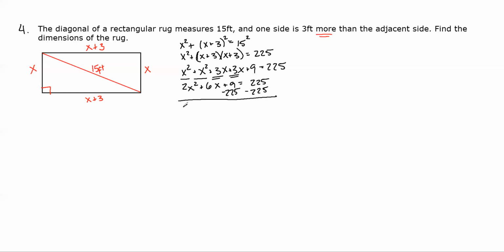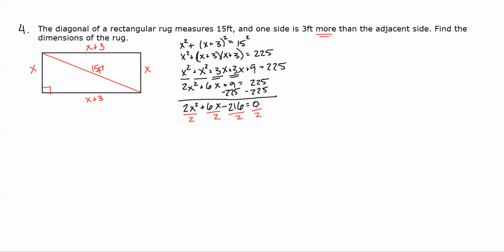So we have 2x squared plus 6x. If we subtract those two numbers, since they have opposite signs, we get negative 216 equals 0. Now, one thing I'm going to do, because these are all divisible by 2, I'm going to divide them all by 2 so that we get to work with smaller numbers.